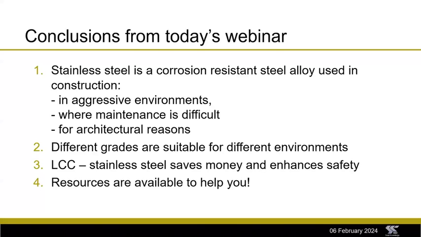Construction costs may be higher, but for certain applications with long design lives, such as bridges, life cycle costing will demonstrate that stainless steel can save you money as well as enhance safety. And there are many resources available to help you. I'll run through them in more detail next week.